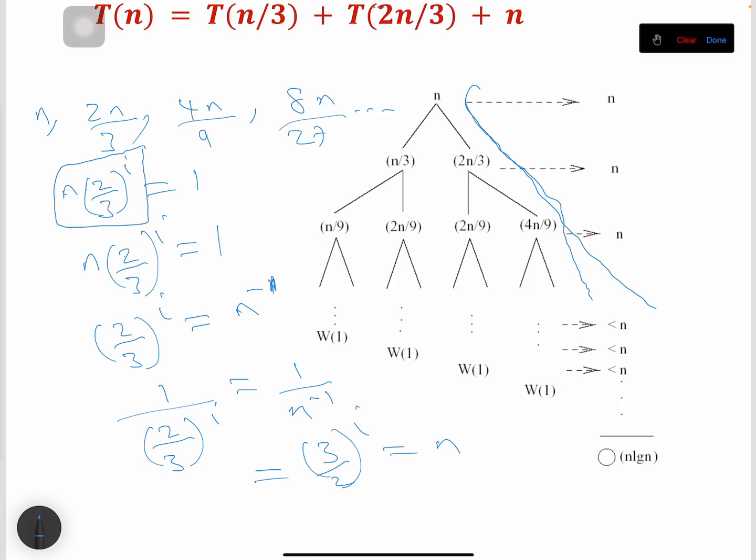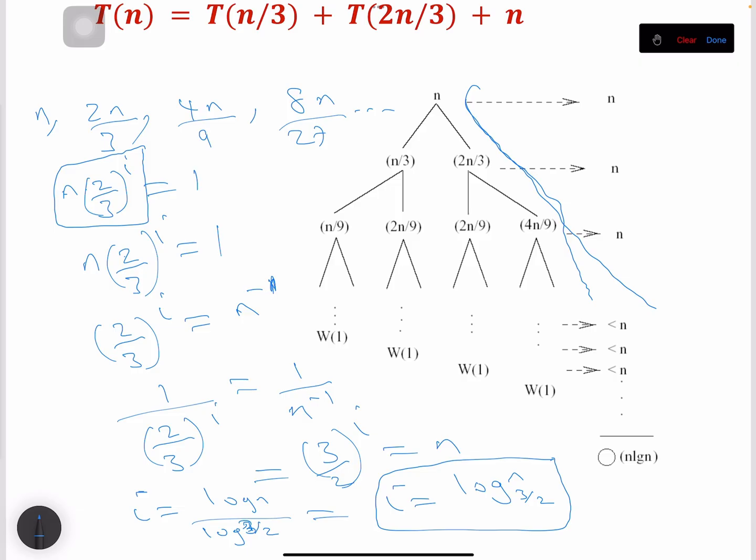Now I can take the log of both sides. If I do take the log of both sides, I'm going to have i equals log n over log 3 over 2. And when you have something like that, that is like i equals log n base 3 over 2. See that? So this is the height of the tree. So I already have the height of the tree in terms of n.